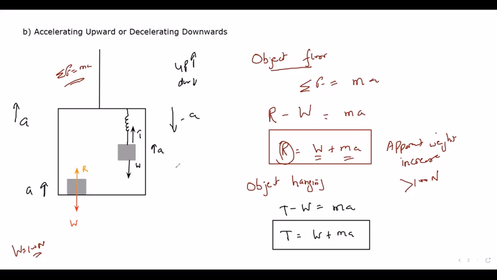We are assuming that the value of gravity is constant. It's not changing with height. Practically, yes, it changes with height, but that's not a great difference in height when the lift moves from one floor to another. That's why we consider gravity constant, and in this case the apparent weight of an object, if it is accelerating upward or decelerating downward, will increase.